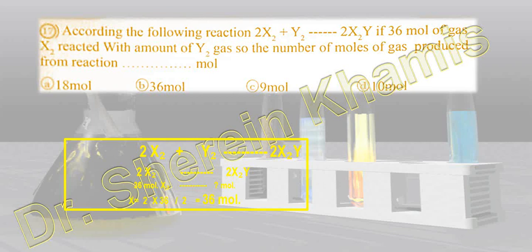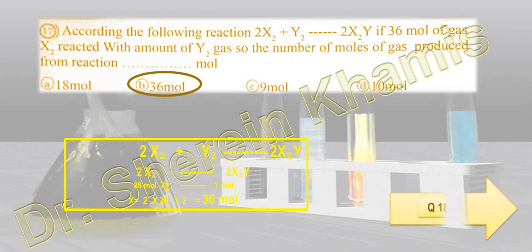So we will make cross multiplication between them. We have 2 times 36 divided by 2, so the right answer will be the same number of moles, 36 moles. I think it's an easy question as we get a lot of problems on it. We are going to question 18.